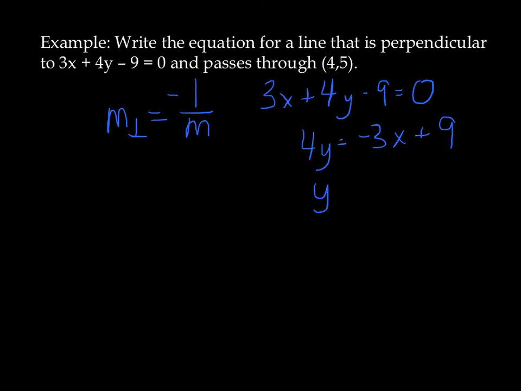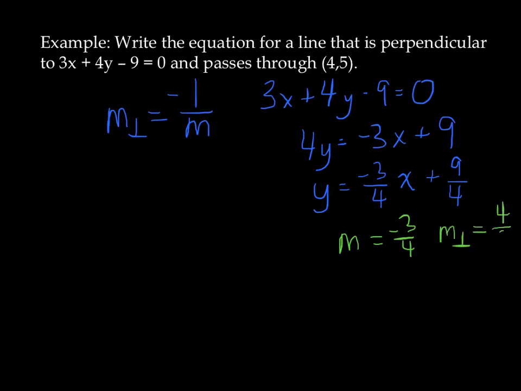And so y is equal to -3 over 4 x plus 9 over 4. So we can reach a conclusion about the slope. The slope of this line is -3/4, and so the perpendicular slope of this given line is positive 4/3.